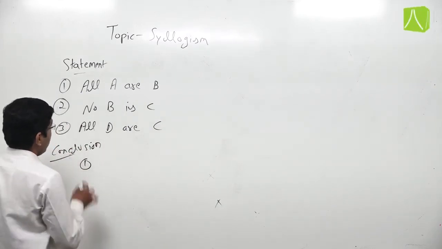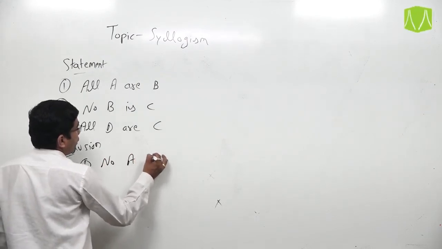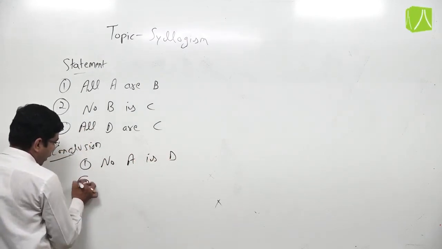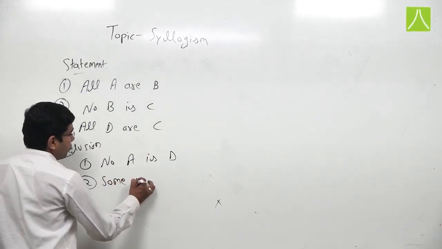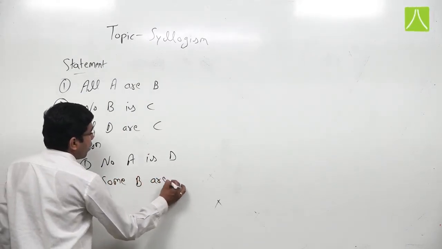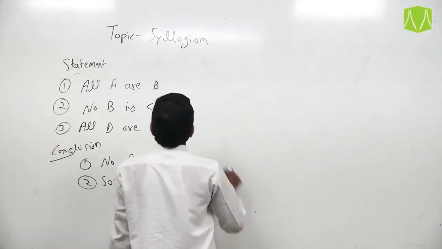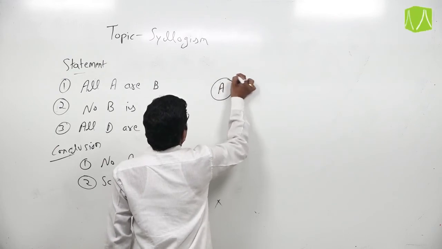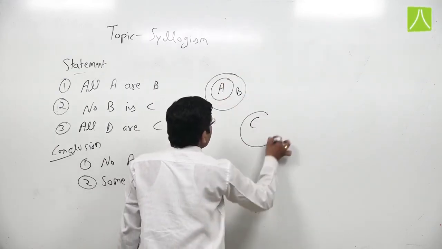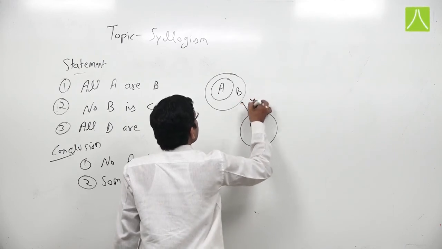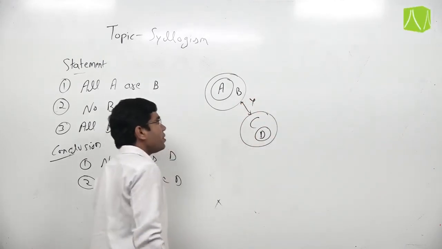First conclusion, no A is D, and second conclusion, some B are D. Now first we have to make the diagram. All A are B, no B is C, and all D are C, means our diagram is like this.